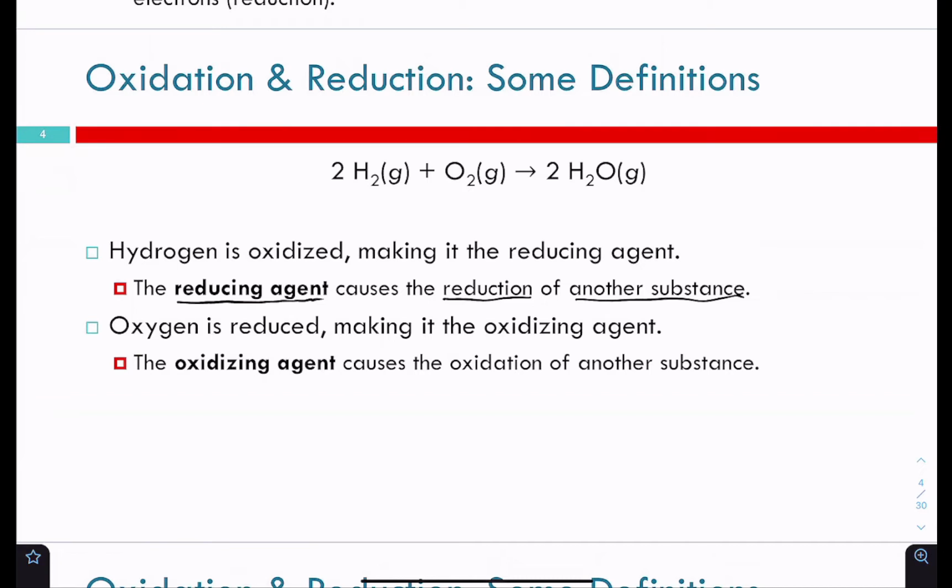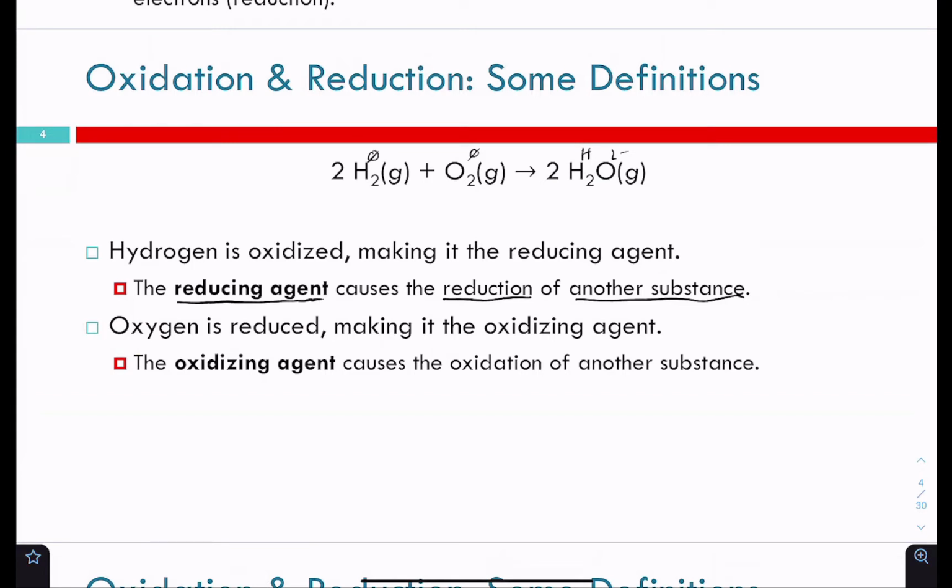So hydrogen, we'll go over this again too. Here it has 0 charge, oxygen has 0 charge. We'll also talk about oxidation states today, but for now, you can think of this as charge. And then over here, it actually has a 1 plus, and oxygen is a 2 minus.